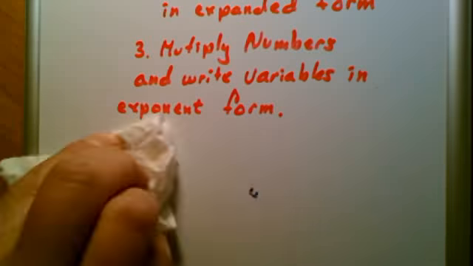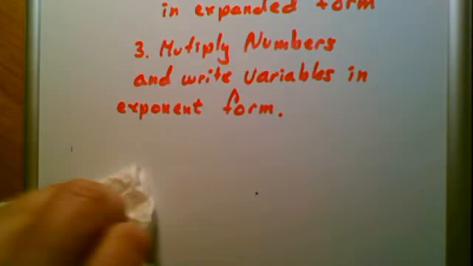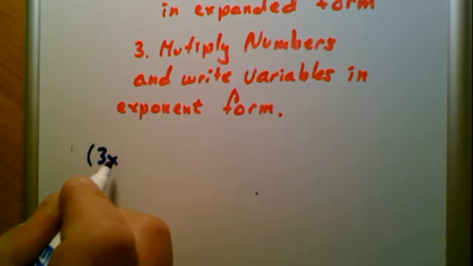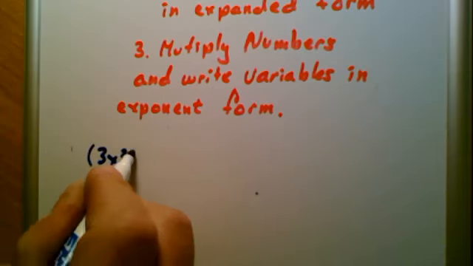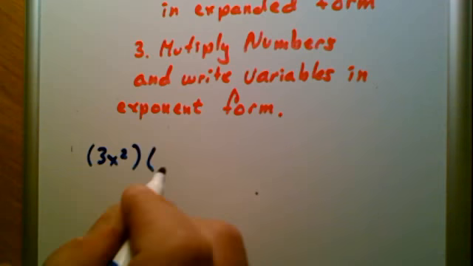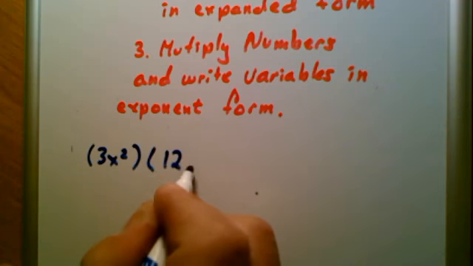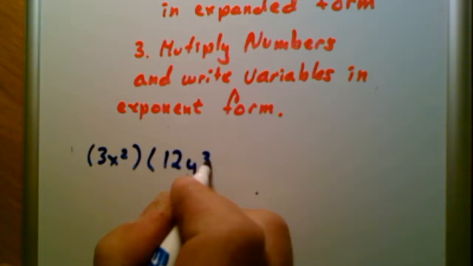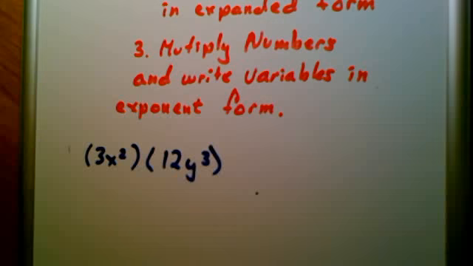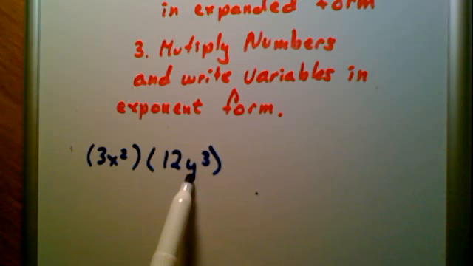Let's look at another problem. 3x squared in parentheses times parentheses 12y to the third power. Now in this problem here, we really have no x's to combine with x squared.